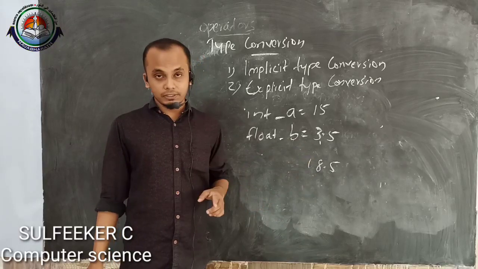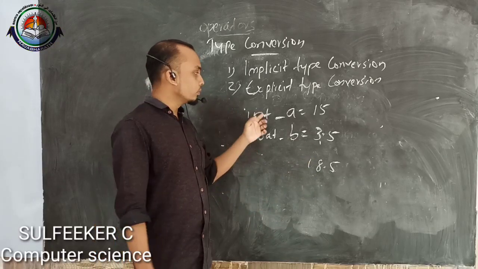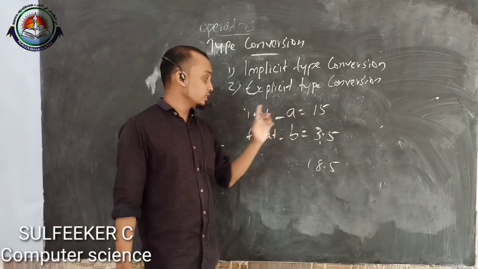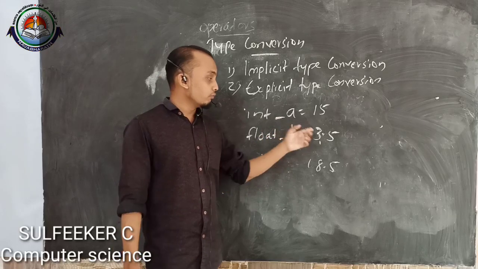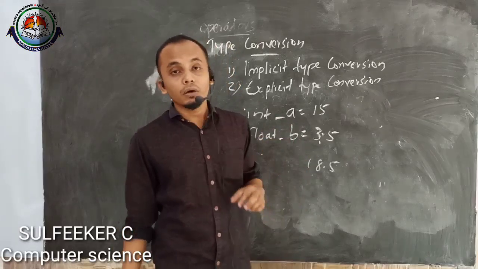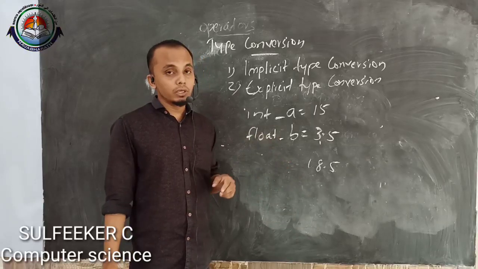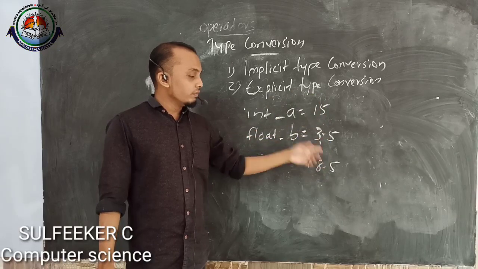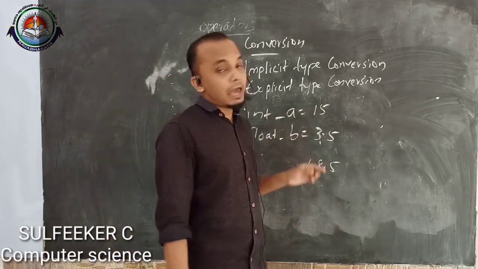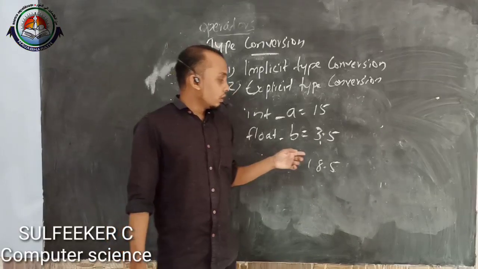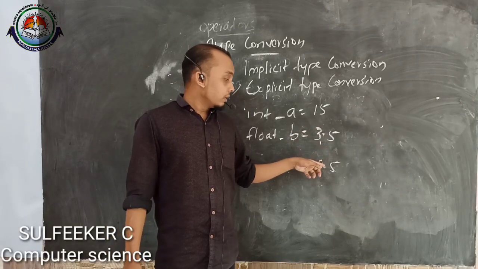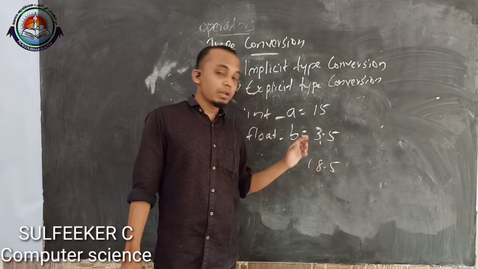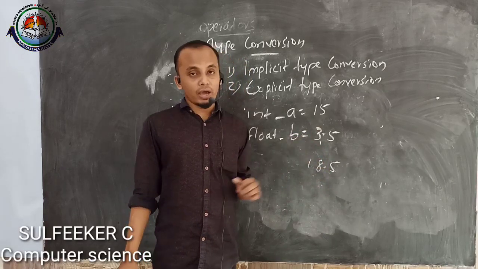Our first input is an integer value, the next input is a floating type value, and our result is also a floating type value, a decimal value, 18.5.